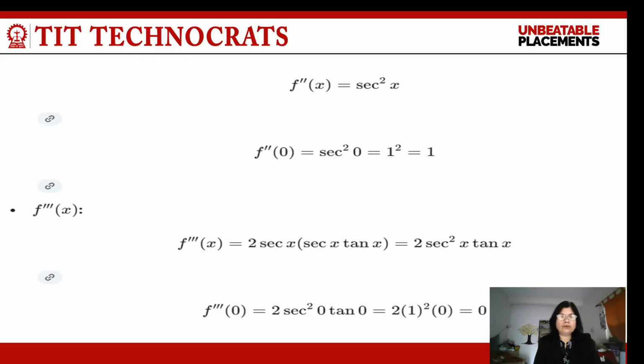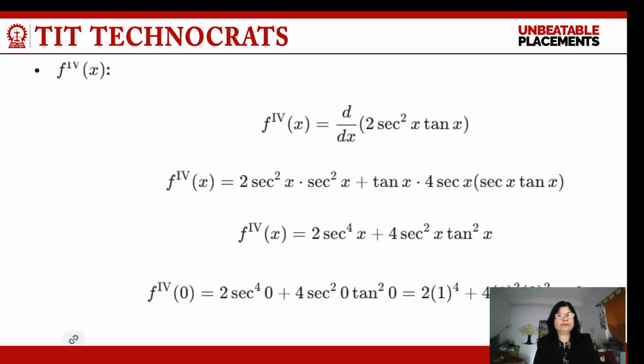Now put the value 0, so that f triple dash 0 is equal to 2 sec square 0 tan 0. Sec 0 is equal to 1 and tan 0 is equal to 0, so f triple dash 0 is equal to 0.